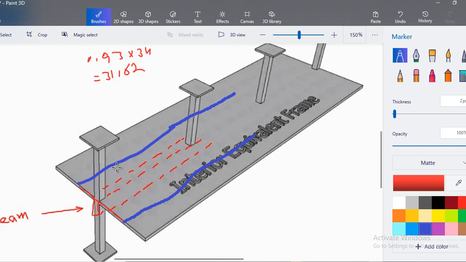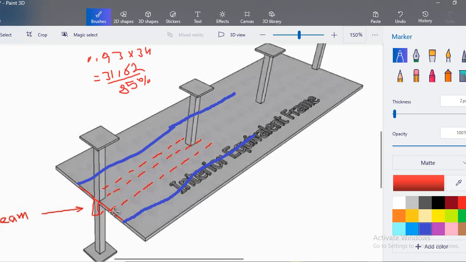So as we have a slab and a beam, what portion of the moment will be taken by the beam and what portion will be taken by the slab? The ACI code explains that 85% of this moment, this 31.62, will be taken by the beam, while the rest, 15%, will be taken by the slab.